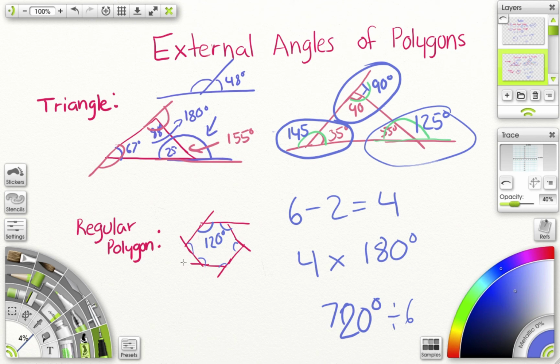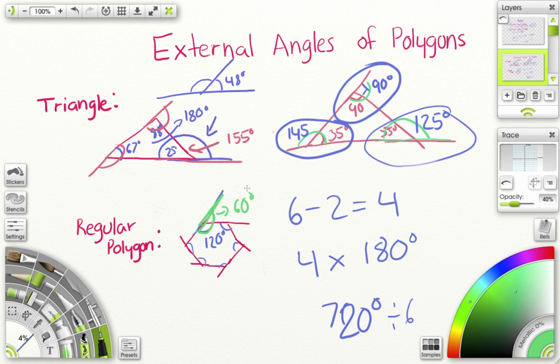What do we do to find the external angle? Well, it's a straight line. We are trying to find the supplement. So if I have 120, I'm just trying to find this missing angle right here. How do I do that? I take 180 minus 120. This gives me 60 degrees.